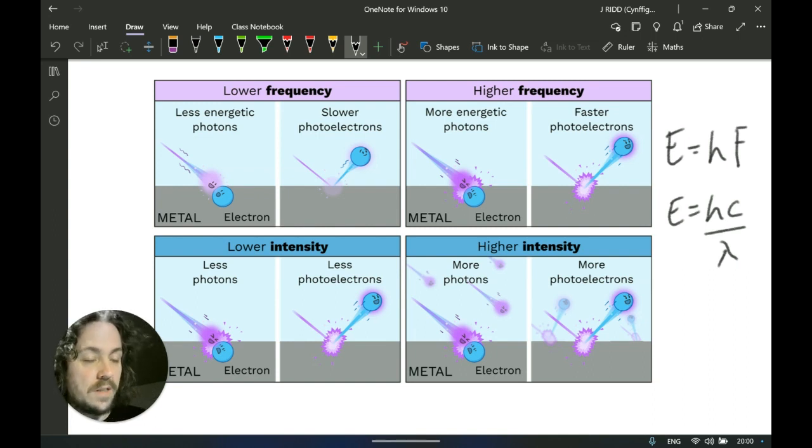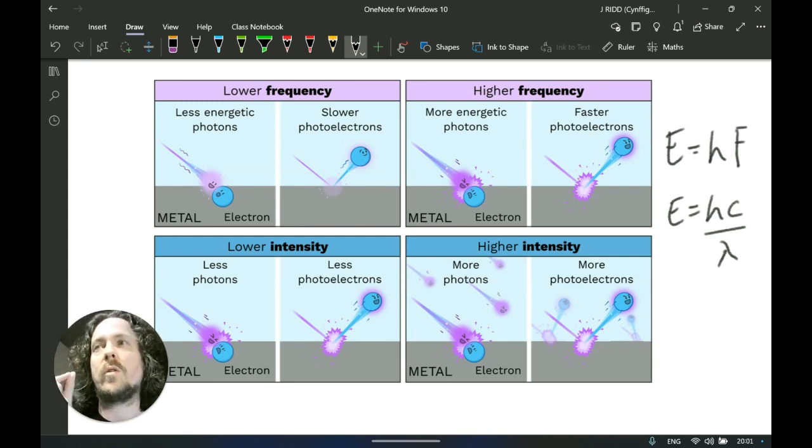So this little cartoon nicely illustrates what's going on with the photoelectric effect. If we have low frequency photons, then they are able to cause the photoelectric effect to happen, potentially, as long as they're able to overcome that amount of energy required to leave the surface of the metal. In other words, back to our analogy, as long as they're able to overcome the amount of energy required to get up the hill.